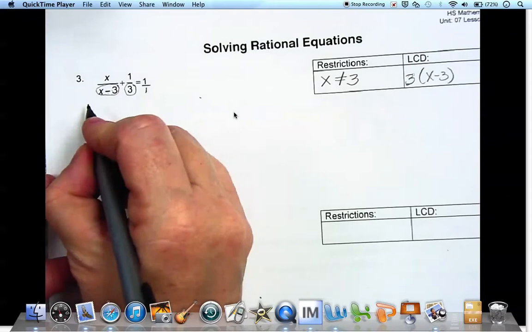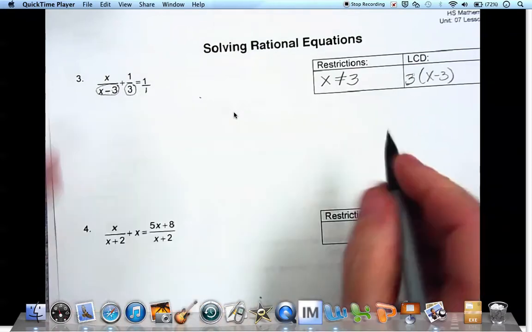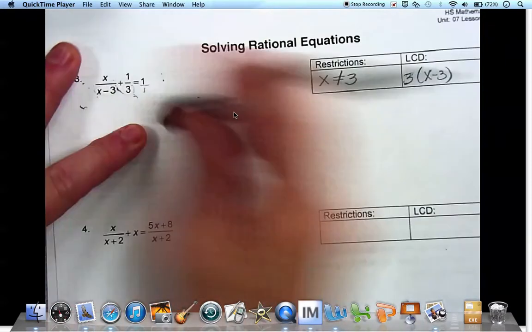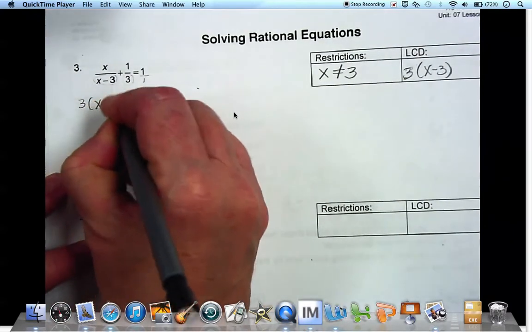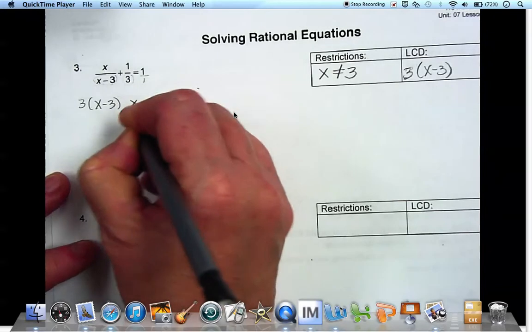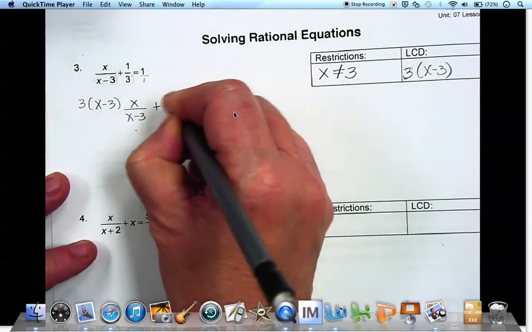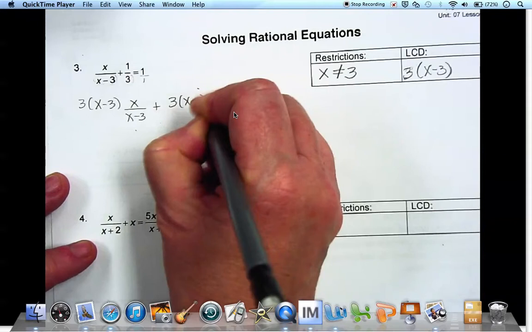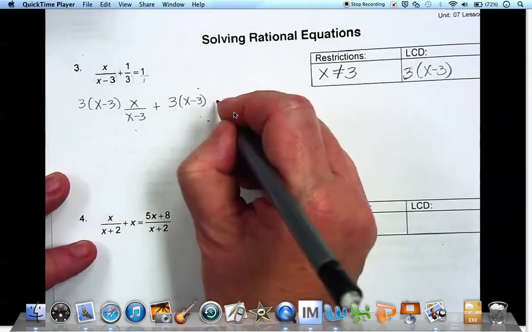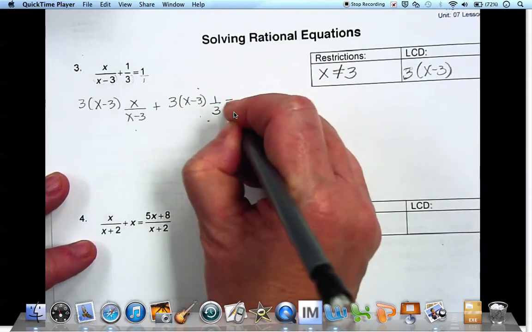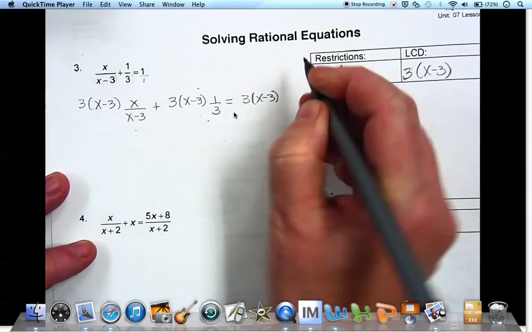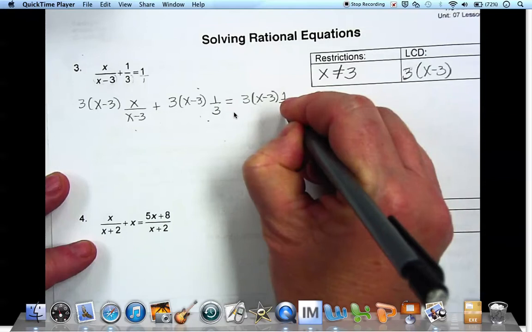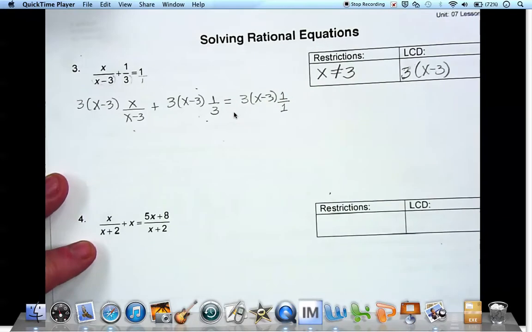So we're going to multiply all of these fractions by 3 times x minus 3. So we'll have 3 parentheses x minus 3 times x over x minus 3 plus 3 parentheses x minus 3 times 1 over 3 equals 3 parentheses x minus 3 times 1 over 1.